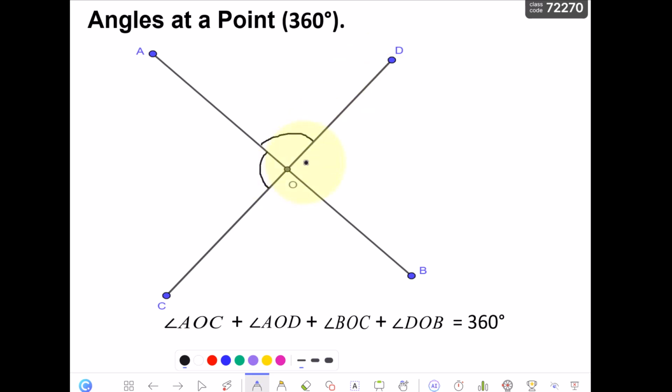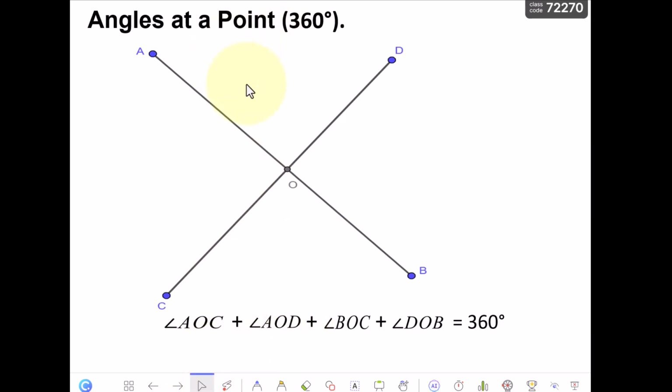If you add it again to BOC, which is down here, and then add the last one, DOB, which is this side, these four angles, because they are all surrounding a point, must give us 360 degrees. So by knowing this theorem, you are okay and you are good to go. That is all we are doing in today's lesson.